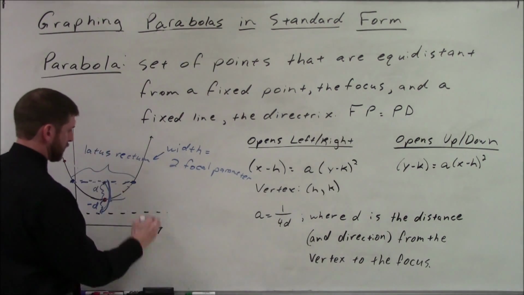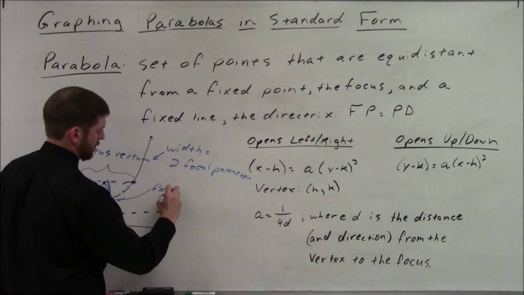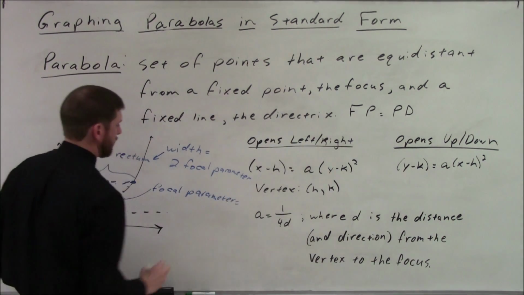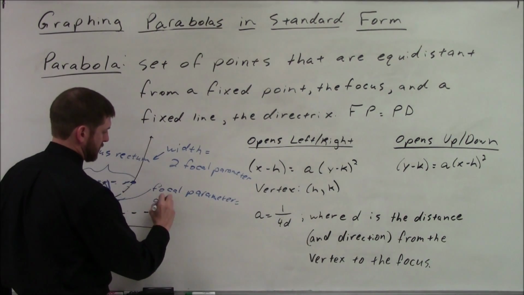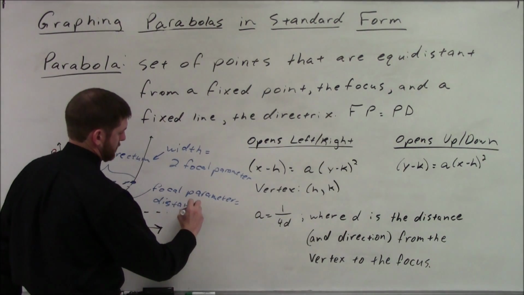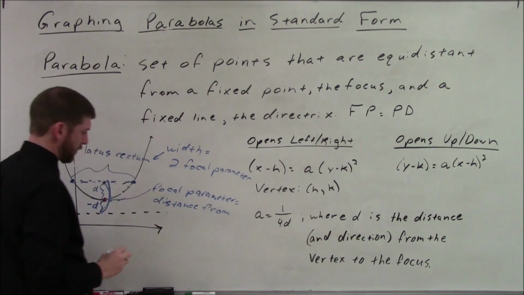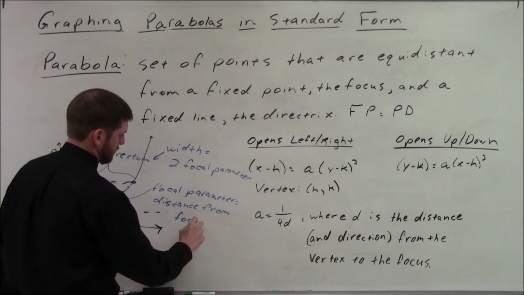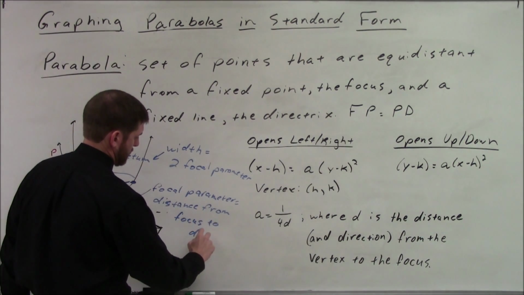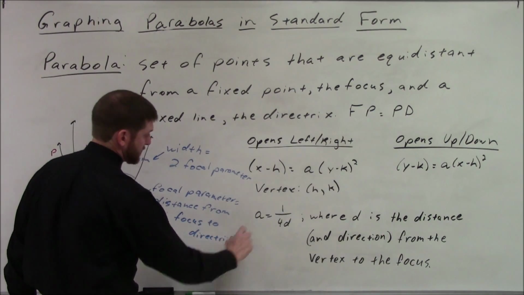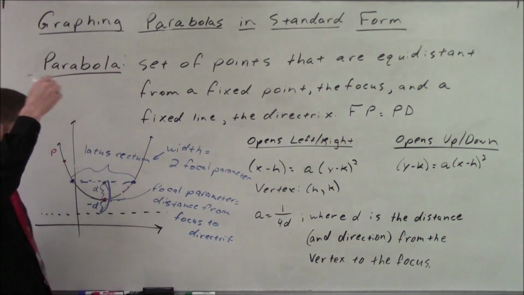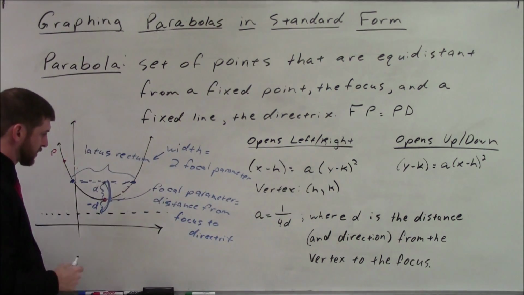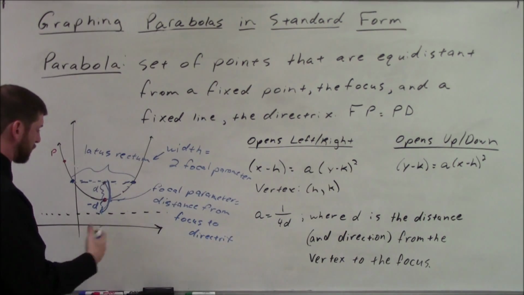The focal parameter is the distance from the focus to directrix. Like we said earlier, our D was from vertex to focus. Well, focal parameter is from directrix up to focus. So it's that distance there together. So it all kind of fits back into what we were doing.